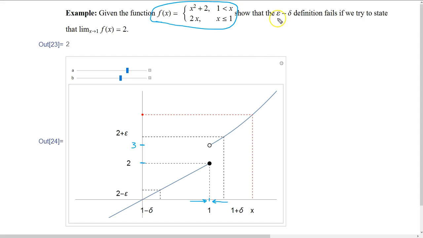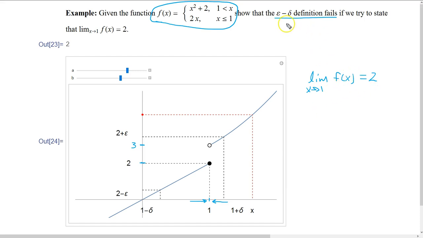So let's see why the epsilon-delta limit definition would fail in this case. Well, let's suppose that we tried to force the limit to be 2. Suppose we made the statement that the limit as x approaches 1 of this function is 2.